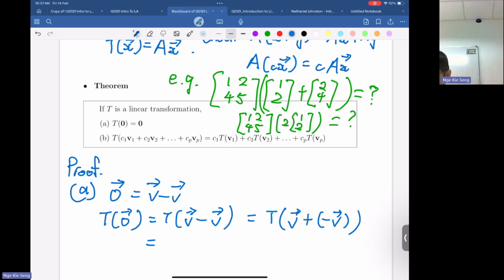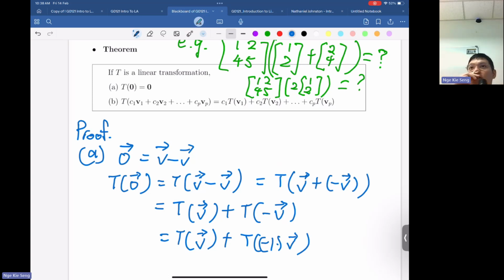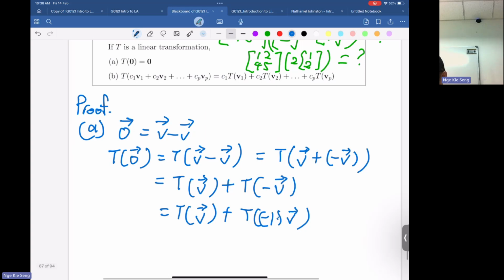So I can put it as T(v) plus T(minus v). But remember that last time, I told you this minus v is actually minus 1 times v. This is also what you learn in high school, that you can pull the negative out. It's similar, but not rigorous.